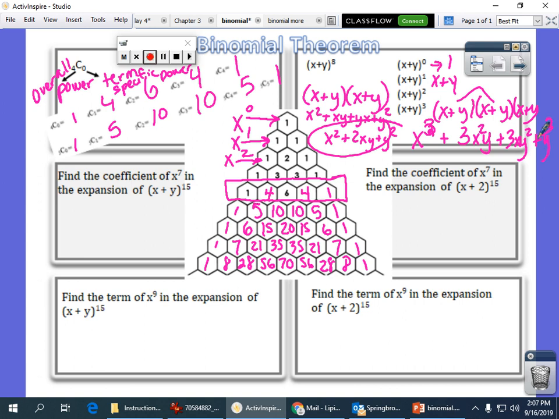Okay. So, I'm going to show you a shortcut. Okay? All right, so for right now, you're either using Pascal's triangle or use your calculator. Eventually, you're going to use your calculator because you're not going to sit for every quiz and try to recreate Pascal's triangle, right?